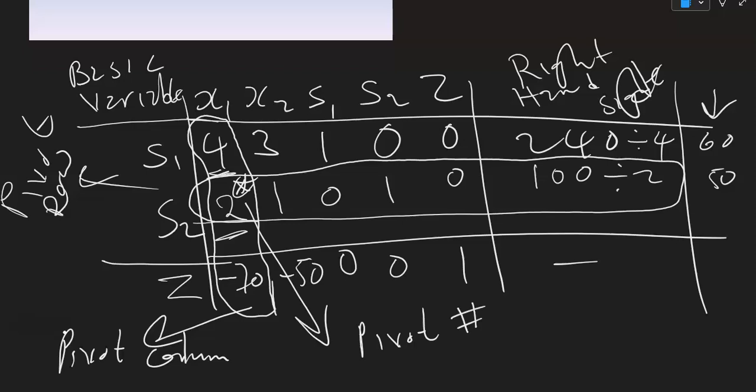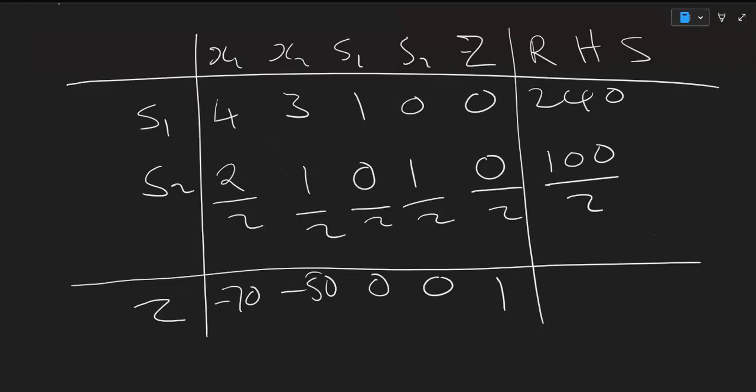Now, after identifying your pivot number, you divide everything in your pivot row by the pivot number. So here we see that the pivot row has been divided by the pivot number, which is 2.